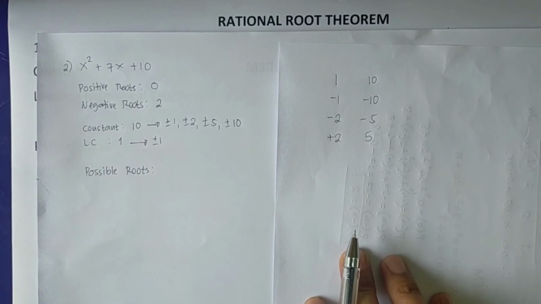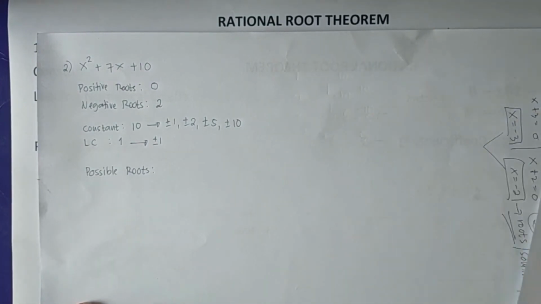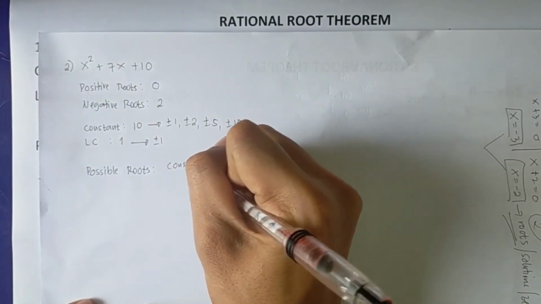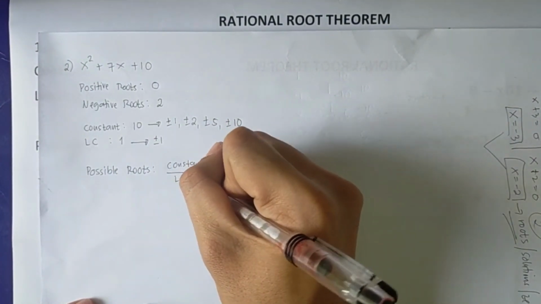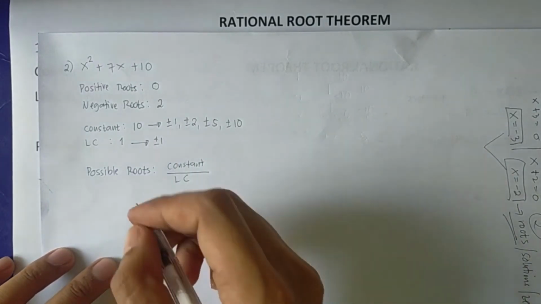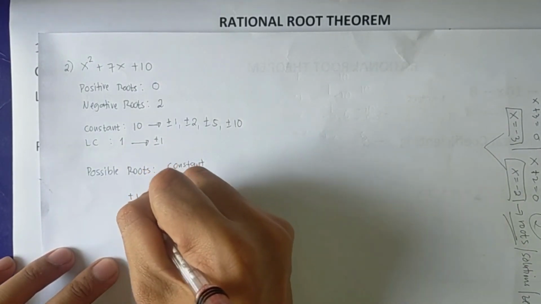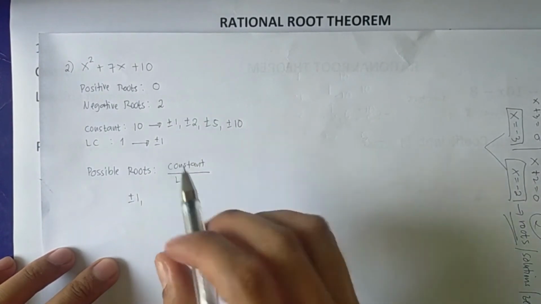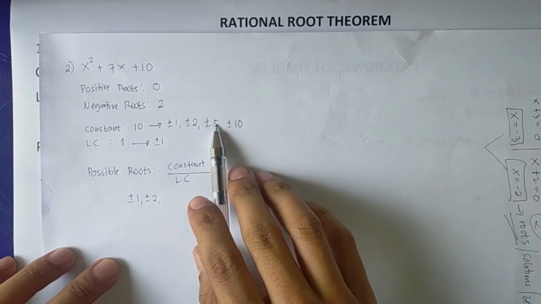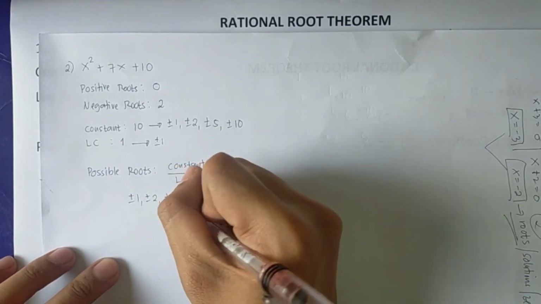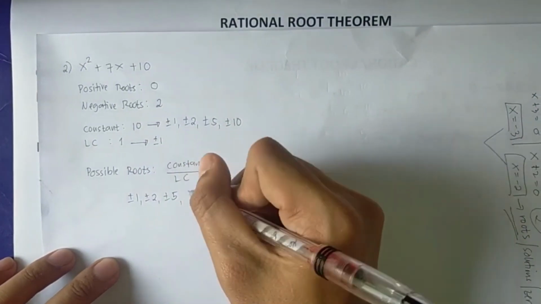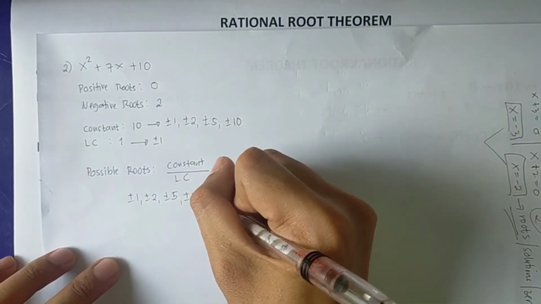How do we get the possible roots? We will divide the constant by the leading coefficient. So 1 divided by 1 is 1, so positive negative 1. 2 divided by 1 is 2, positive negative 2. 5 divided by 1, positive negative 5. 10 divided by 1 is 10, so automatically there is positive negative 10.